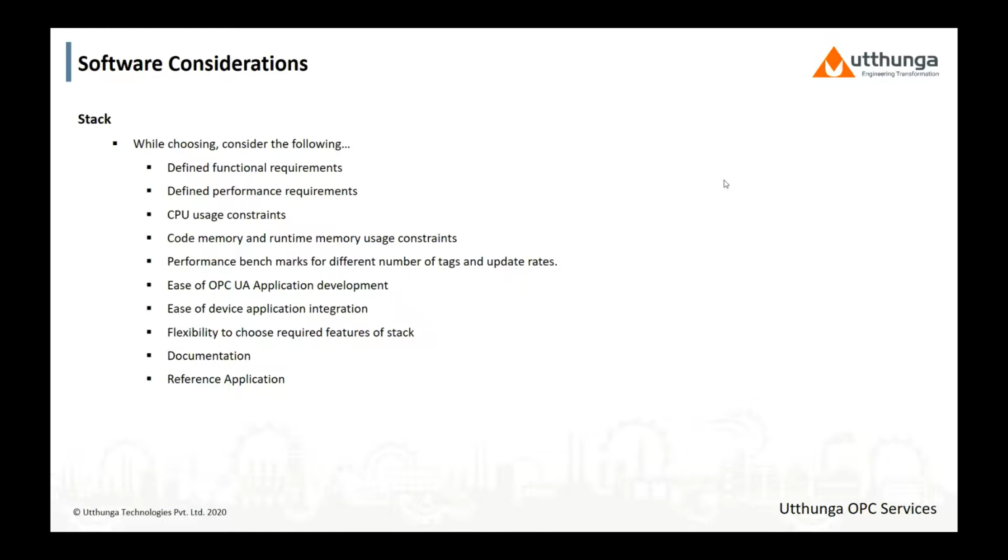That aspect you also need to evaluate. Also check whether documentation and reference applications are available. If possible, take those reference applications, try them out, and see if that works out for you.